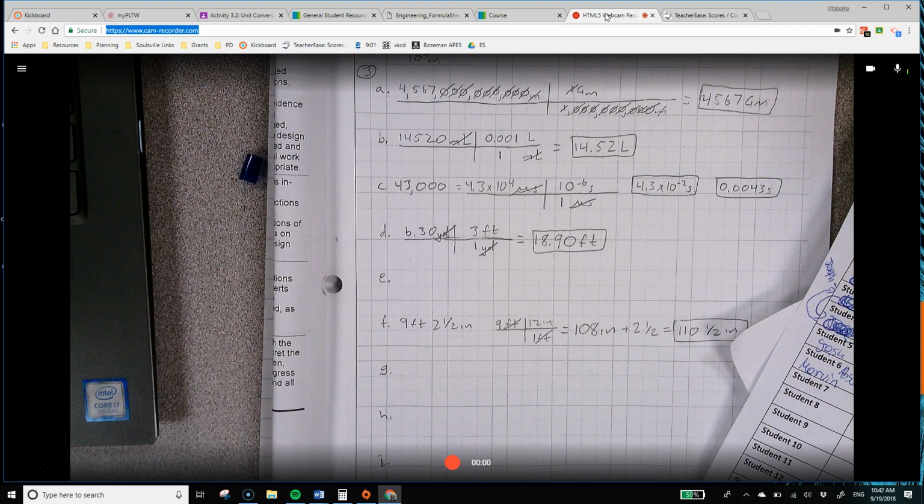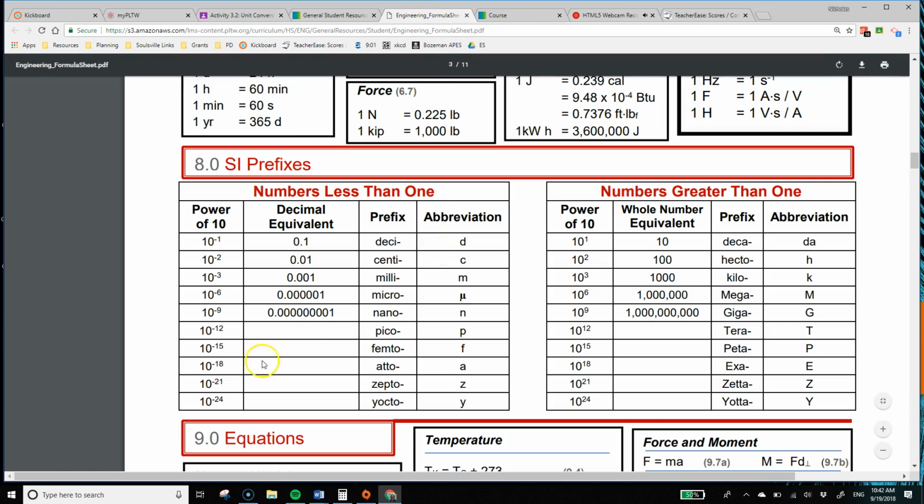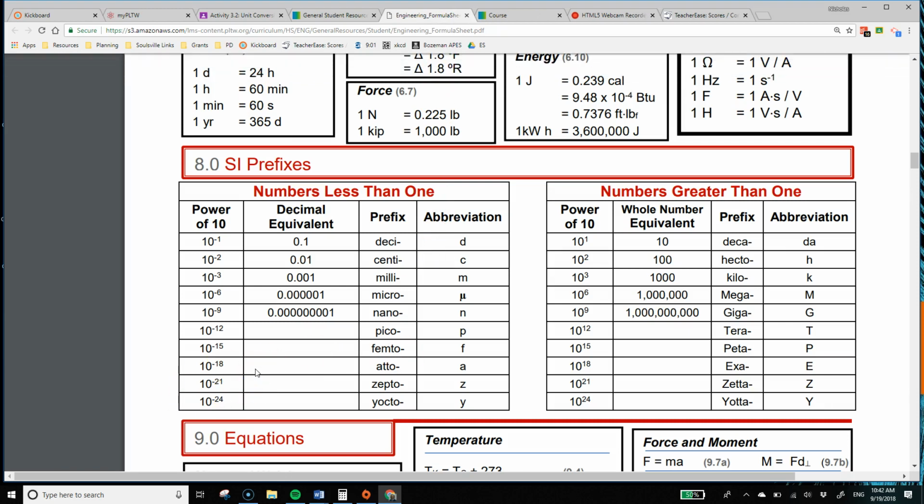Oh, good question. So the prefix, in this case, that little milli or micro, the prefix is the exact same thing as saying 10 to the minus 6.